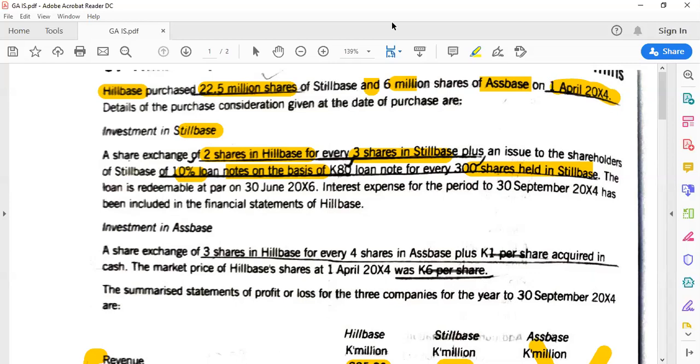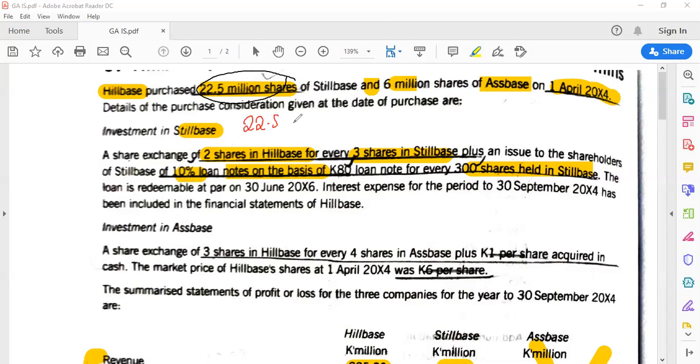Okay. So here, these things are straightforward. Remember what we said yesterday. When they tell you that he acquired how many shares, simply bring the English as it is: he purchased 22.5 million shares.